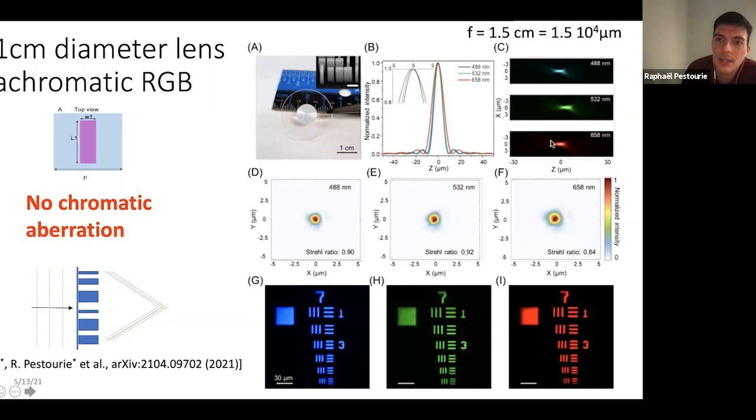And it is achromatic. Here the length scale is in microns, but the focal length was 1.5 centimeters, so it's 1.5 times 10 to the power of 4 microns. So the biggest focal shift is 0.03% of the focal length. So we're very happy with those results.